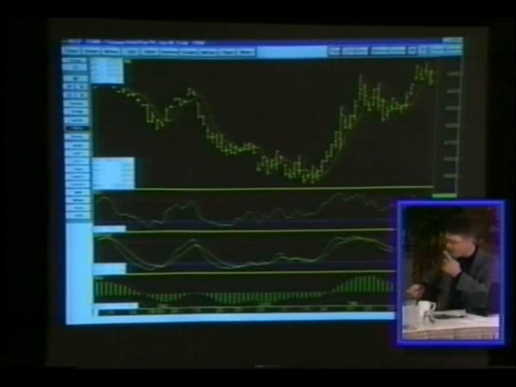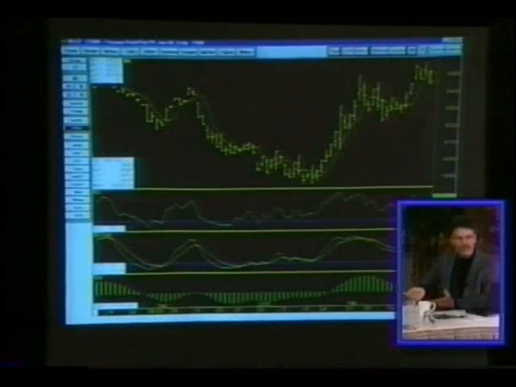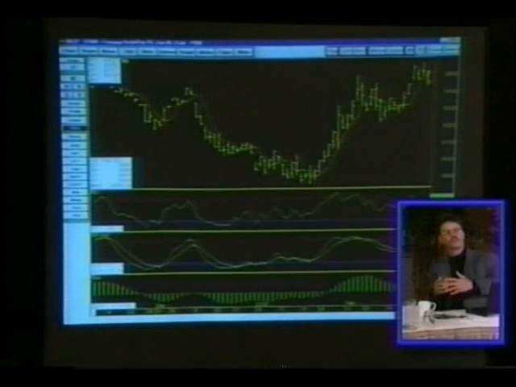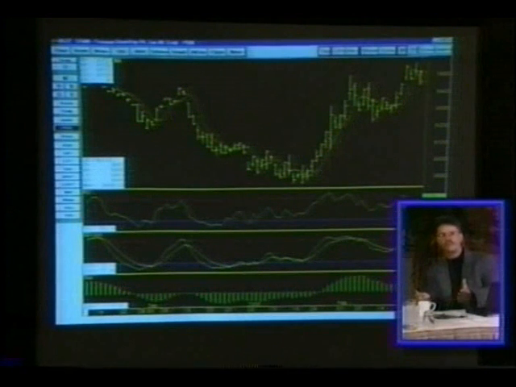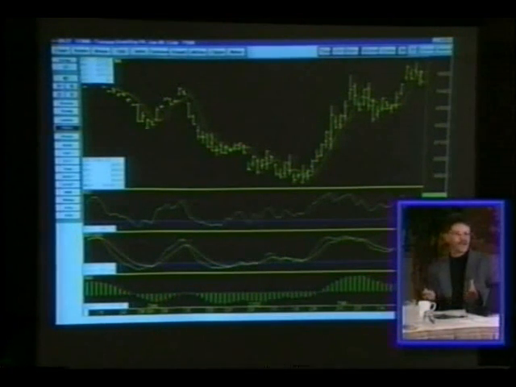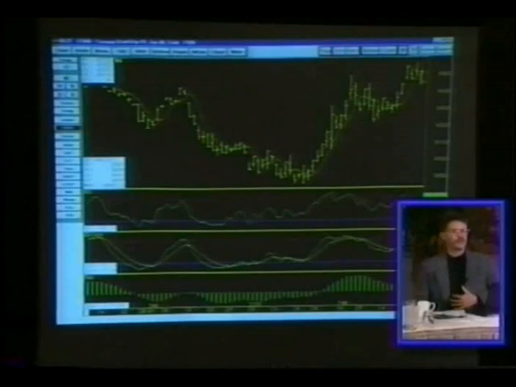The important thing is that all indicators measure momentum. All of them are some measurement of momentum, and the length of the indicator determines how far back you're looking for this momentum. What length time period are we measuring momentum on? So this is a 5.